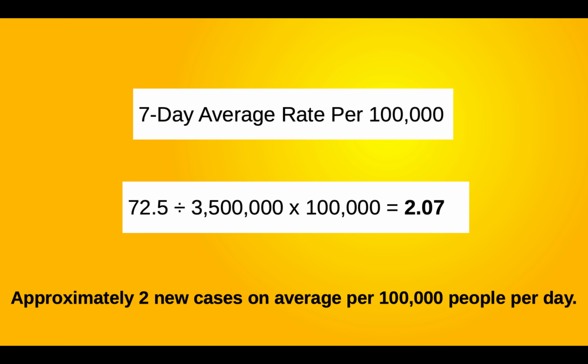And 2 is a nice, easy to communicate number that represents an apples-to-apples comparison with other locations or other times at which someone did this calculation. And this 7-day average rate per 100,000 is the rate that the state is using to make decisions about school reopening.